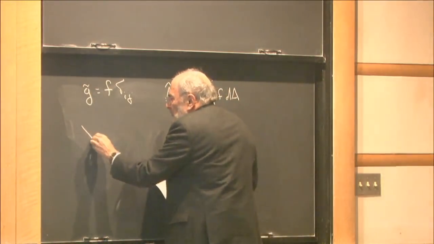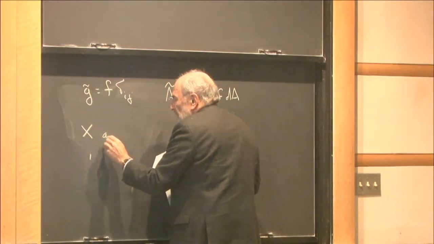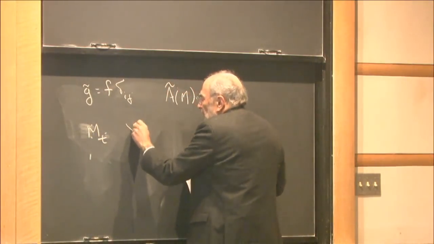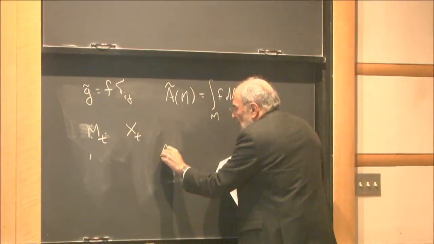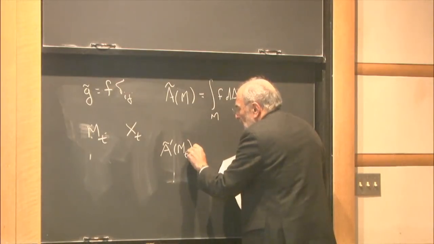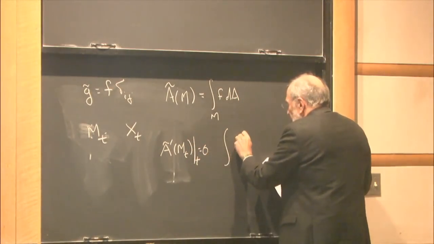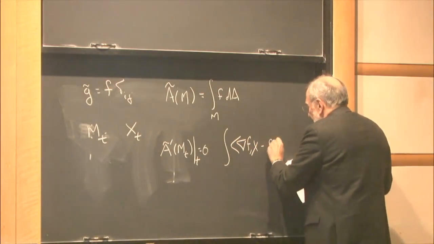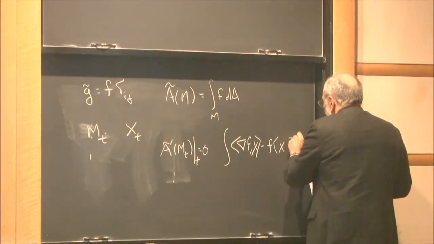If I take a normal variation m of t with variation vector field x of t, and I work out the change of this area, I get the integral of the gradient of f dotted with x minus f times x times the mean curvature.